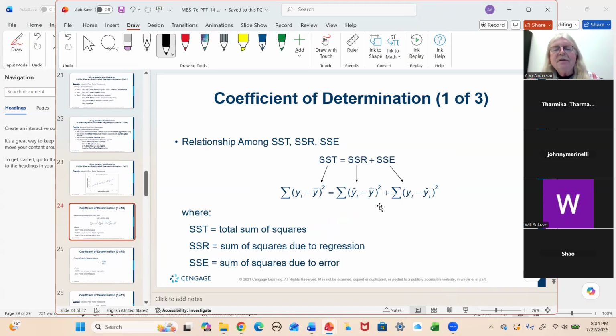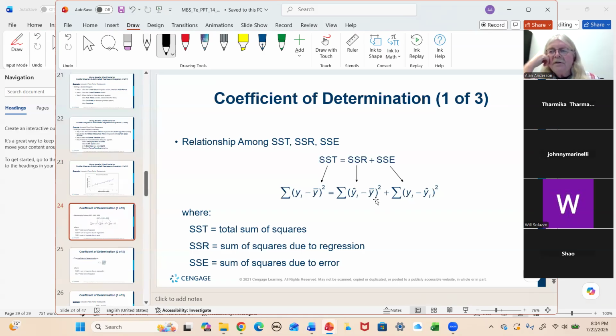Now this is the coefficient of determination. What they're building up to here is one thing that we have to be constantly aware of with regression analysis: we have to always check to see if the results make sense. Because you could have two random sets of data that are unrelated to each other and still create a regression line. So you have to have a way of saying, well, this one makes sense and this one doesn't.